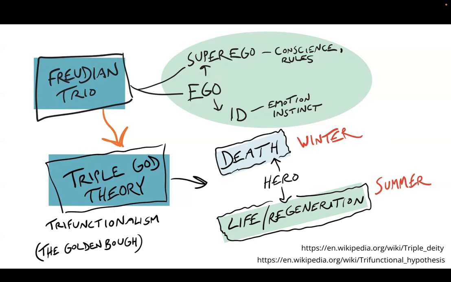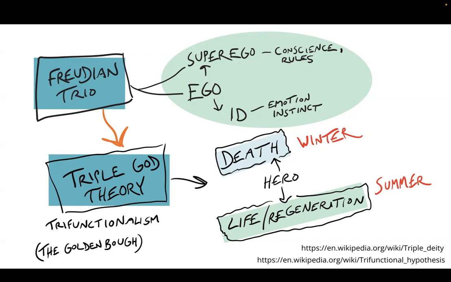We have the ego, who is more or less the person themselves, or somebody who has common sense. Then there's the superego, who's the conscience and the rules, the Spock character, so to say. And then we have the id, who stands for emotion and instinct.